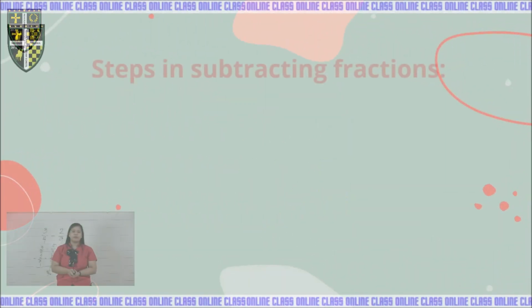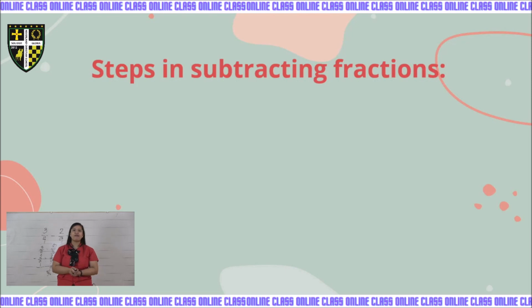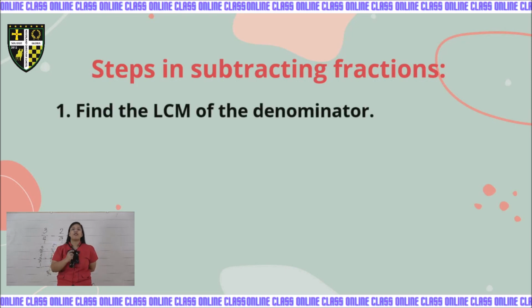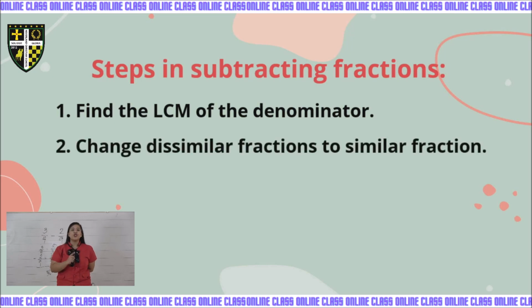And lastly, we have the steps in subtracting fractions. First, find the LCM of the denominators. Always find the LCM of their denominators. And then next, you should change the dissimilar fractions into similar fractions. Again, dissimilar fractions don't have the same denominator, while similar fractions have the same denominator.